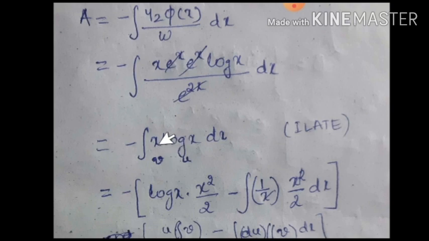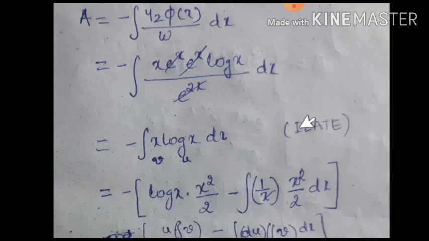Now here product of two functions are there. So here what we need to do? Integration for product of two functions. To integrate product of two functions, we need to apply integration by parts method. What does the integration by parts method say? For the convenience of integration, you apply the ILATE condition.